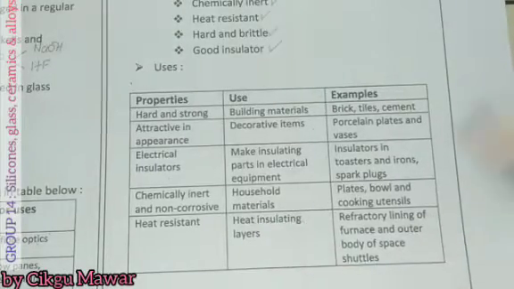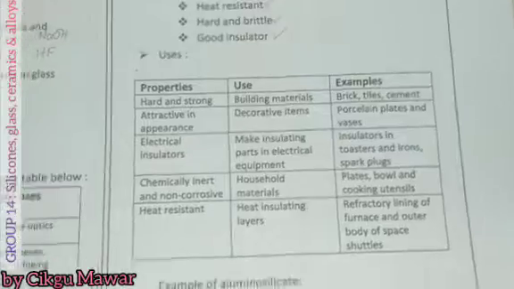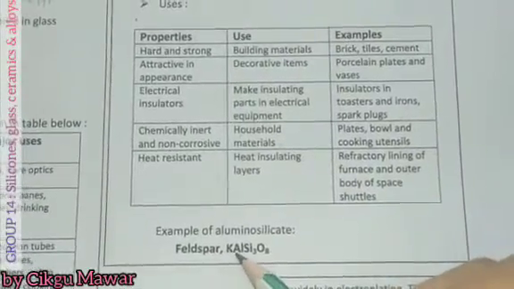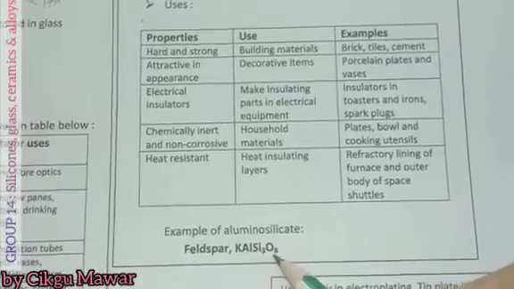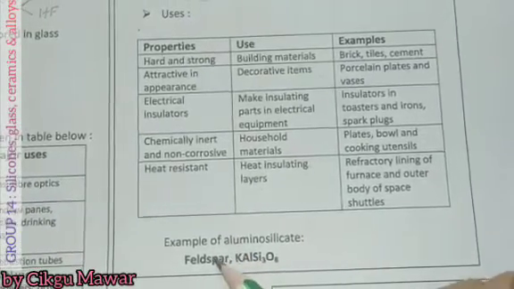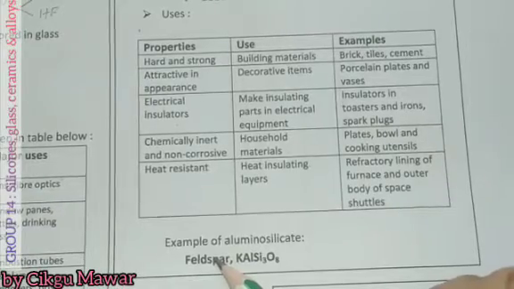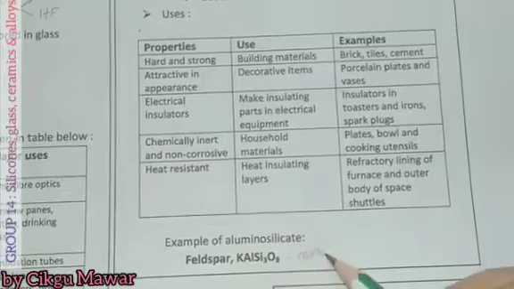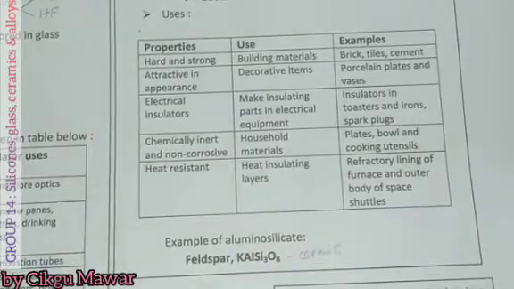An example of ceramic is feldspar, KAlSi3O8, which is also an example of a framework silicate. So this is clay, an example of ceramic.